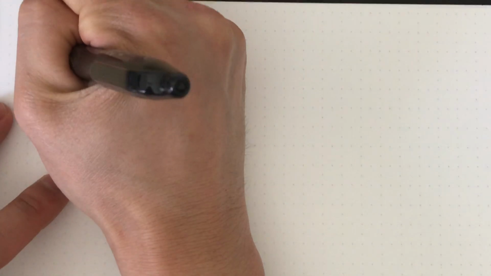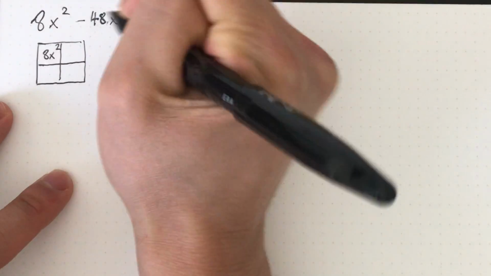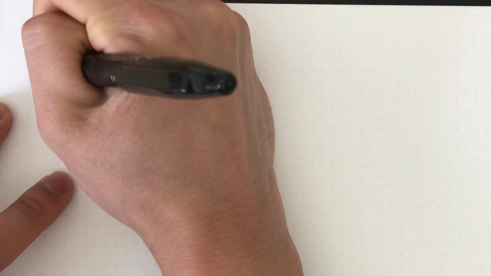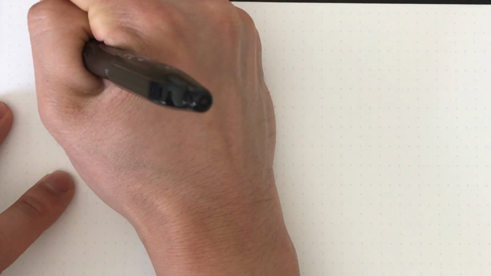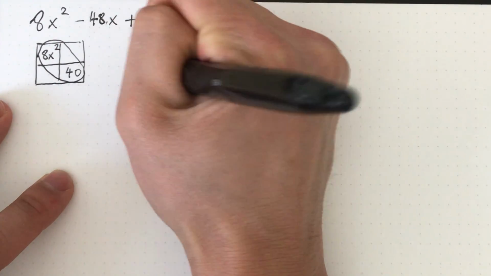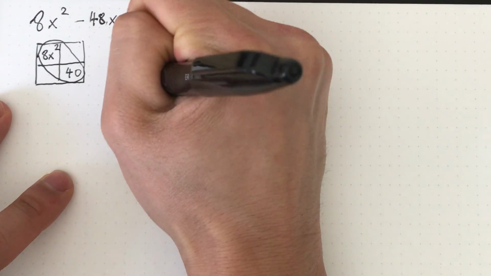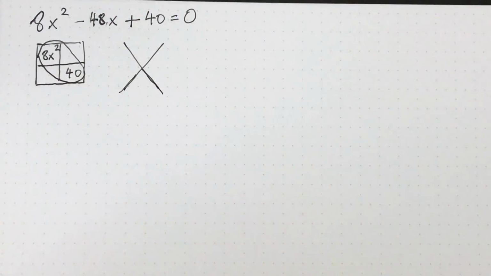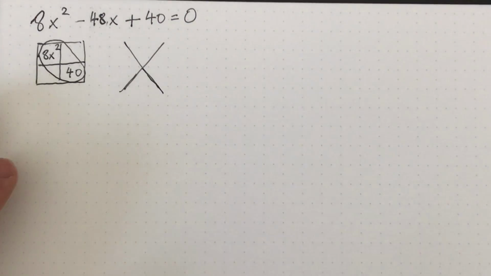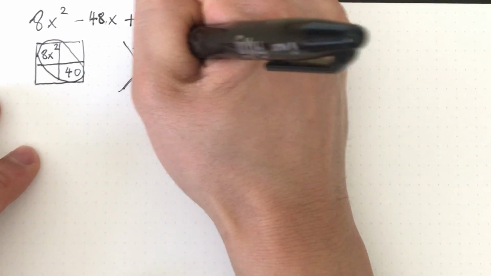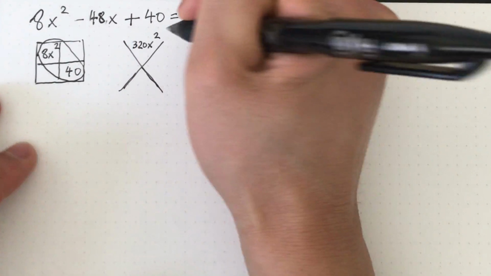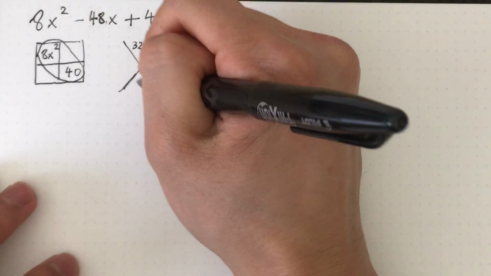So 8x squared goes here, 40 goes here, then let's multiply these, and then we're creating the X. 8 times 40 might take some time, but this is 320x squared, and then on the bottom is negative 48x.